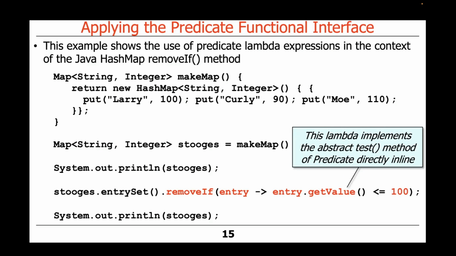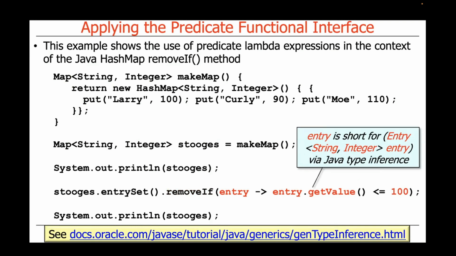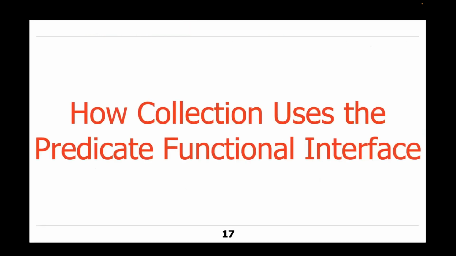So it's basically an inline method call. In this particular case, the entry, which is the entry arrow part of this lambda expression, is short for Entry<String, Integer> entry. So it's basically the map entry. We're using type inference to avoid having to type all that extra stuff.